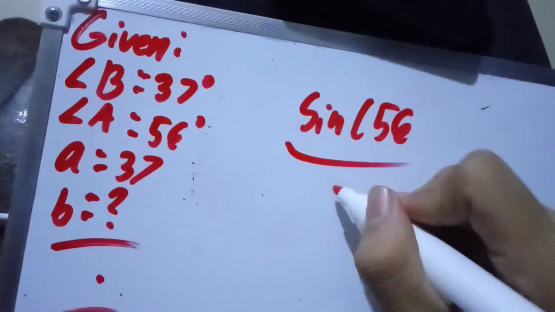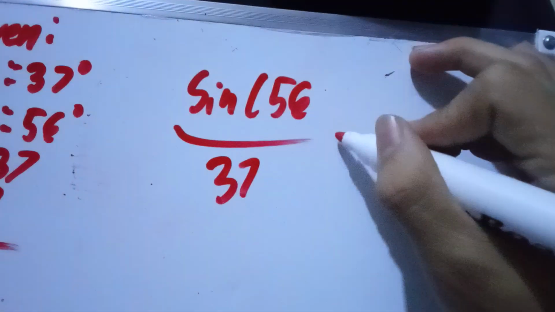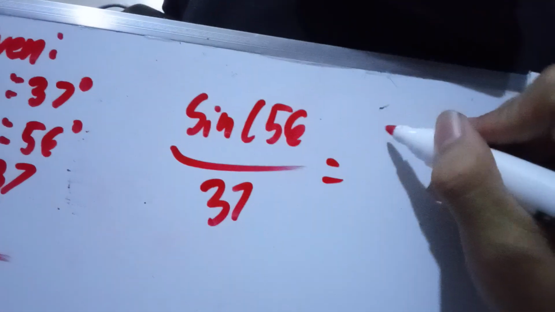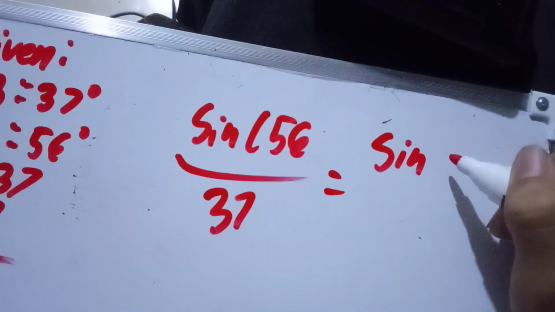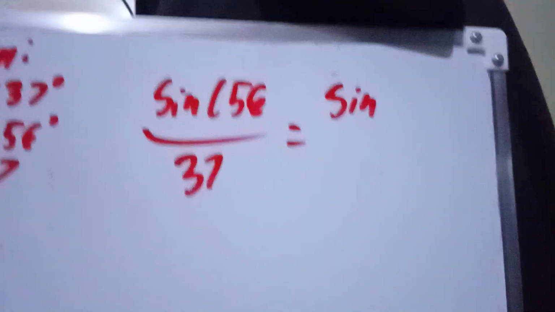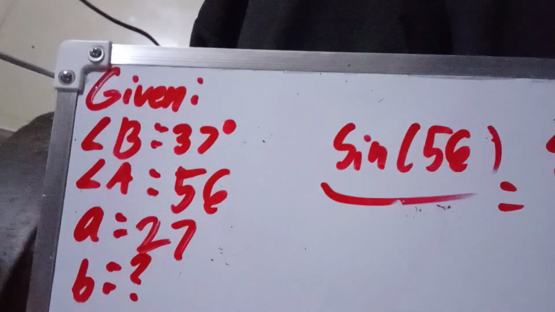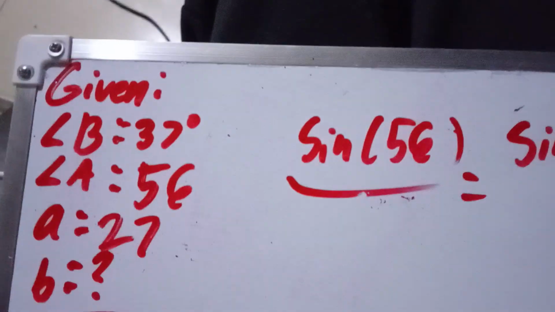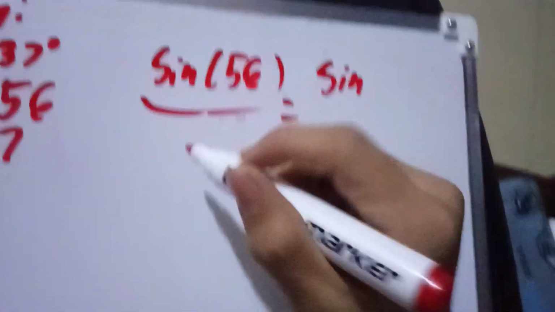So this becomes sine 56 over 37, and then sine, wait. Okay, for the given, I don't know if I'm right because I can't review this footage. Remember, people also make mistakes, but let's just use this as our continuation.